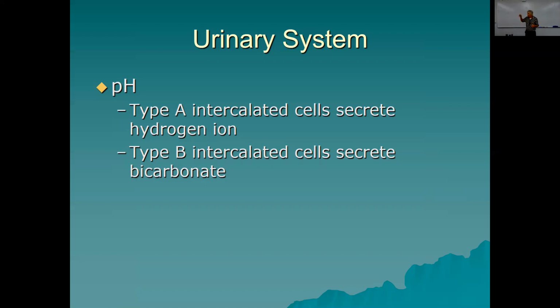Type B will secrete bicarbonate. It'll be reversed in a type B. You'll bring in CO2, you'll break up into hydrogen ion and bicarbonate. The hydrogen ion will be brought into the interstitial fluid, and the bicarbonate will be secreted back into the tubular lumen.